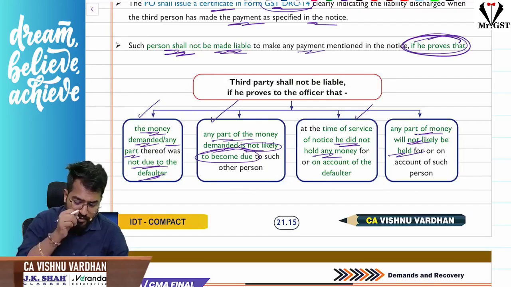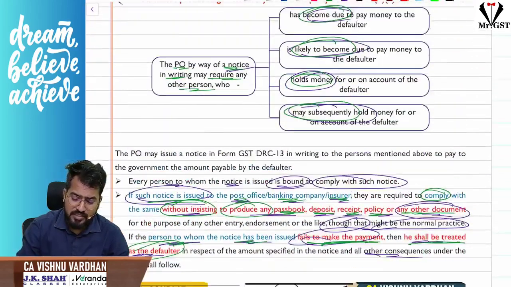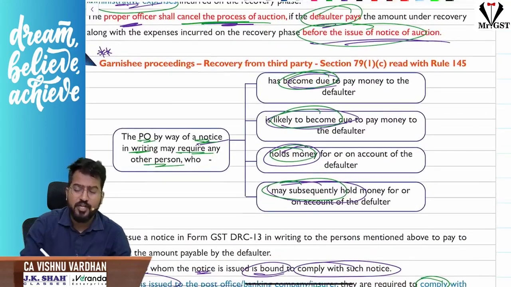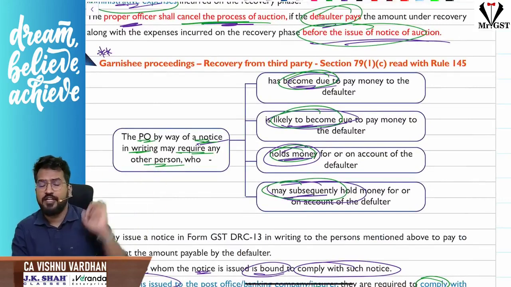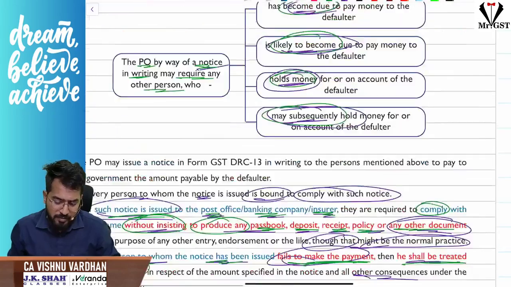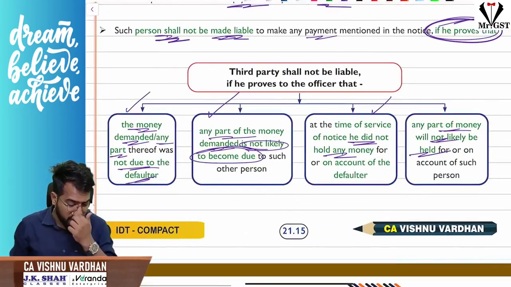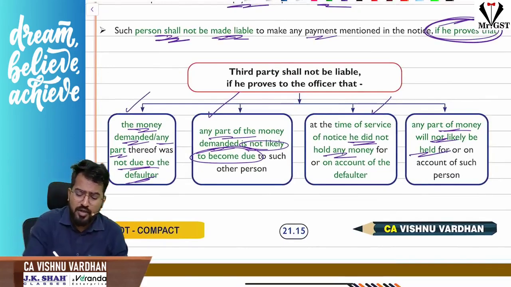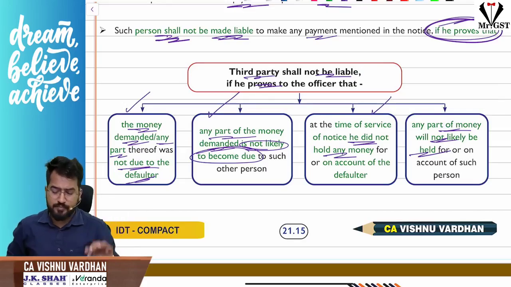So we gave the notice and initiated garnishee proceedings because you are due, or likely to become due, or you are holding something or likely to hold something for the defaulter. If you prove that this is not the case, then obviously you are not liable to make payment to us. That is the concept.